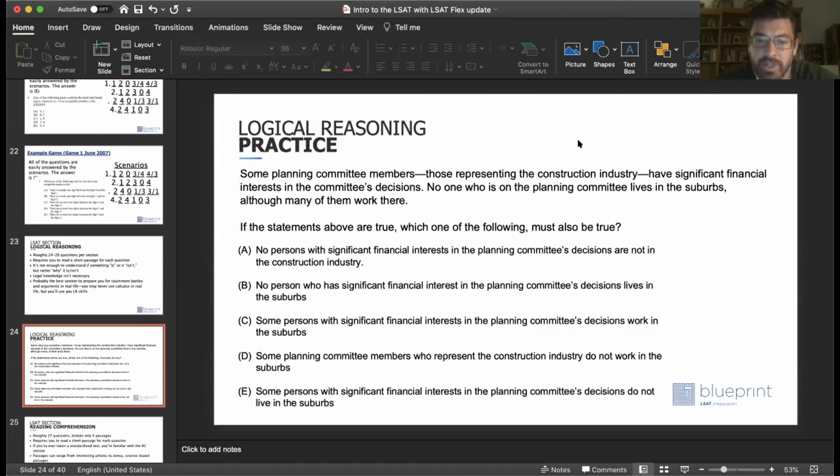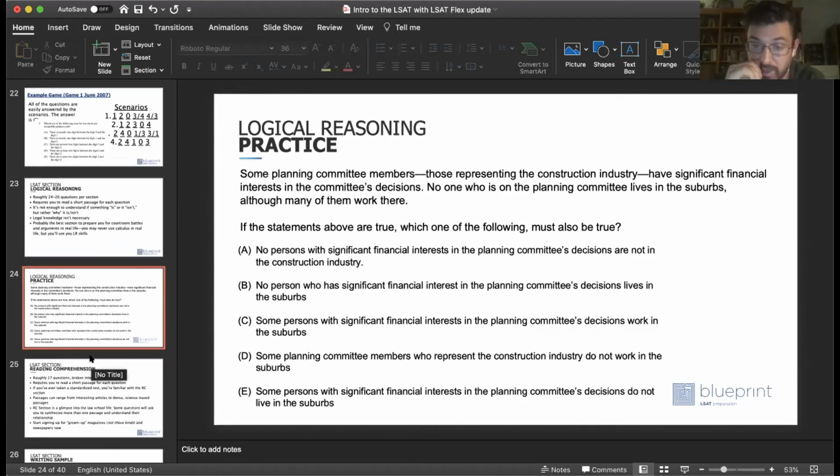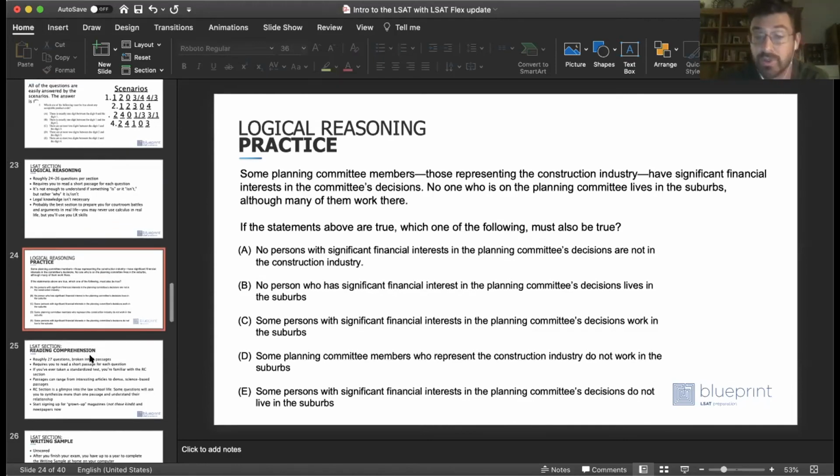Let's pick an answer choice if you haven't already. We're told that some planning committee members, those who represent the construction industry, do have significant financial interests in the committee's decisions. No one who is on the planning committee lives in the suburbs, although many of them do work in the suburbs. If the statements above are true, then what has to be true on that basis? And what has to be true is that some people with significant financial interest in the planning committee's decisions do not live in the suburbs.